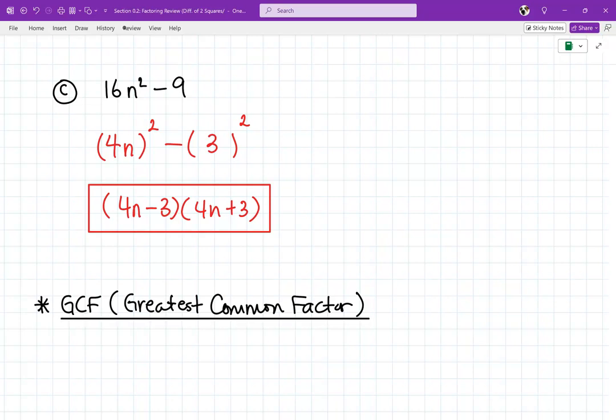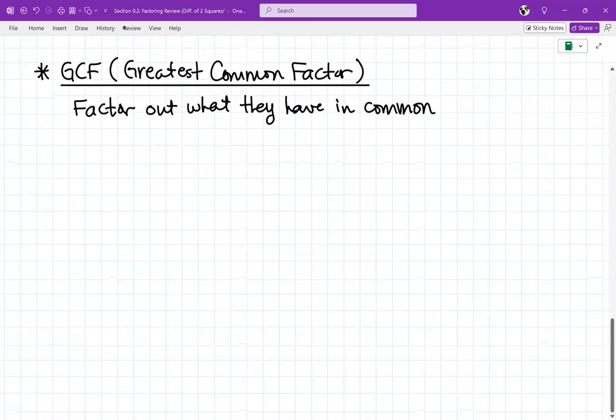This is just factor out what they have in common. That's it. So factor out what they have in common. That can be numbers, that can be letters, it can be anything. Okay? So we'll do 2 of these and then we're done. So here's example number 2.